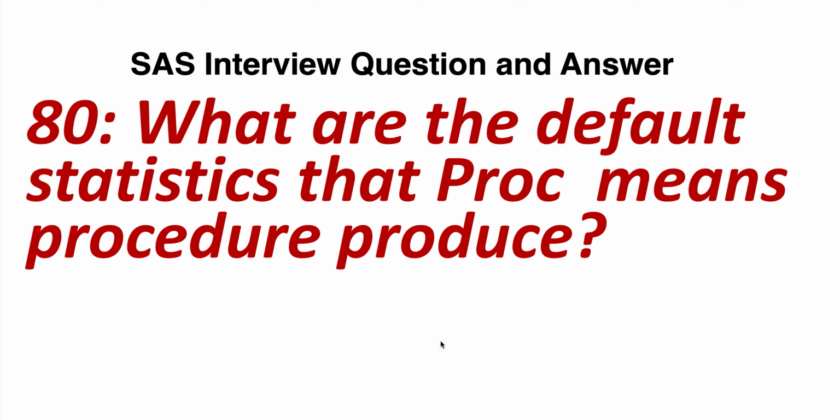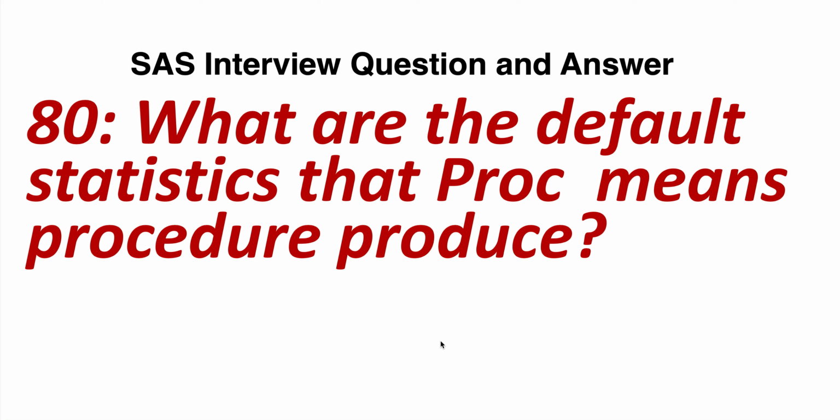Question number 80. What are the default statistics that the proc means procedure produces? This question is asking, when we use the proc means procedure, what are the default statistics it can produce? The default statistics it can produce are n (number), minimum value, maximum value, mean value, and standard deviation.